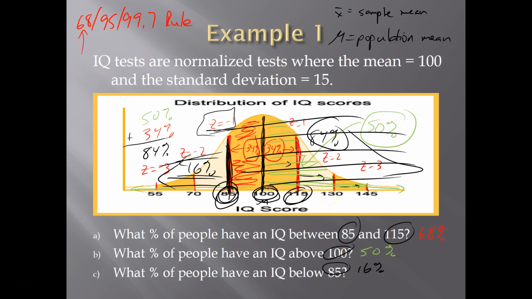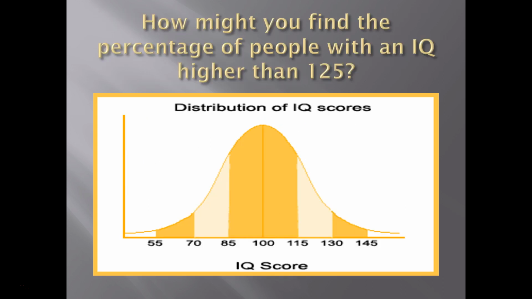So we were looking at data values that were either on the mean or exactly 1 standard deviation above or below the mean. So let's look at this question here.